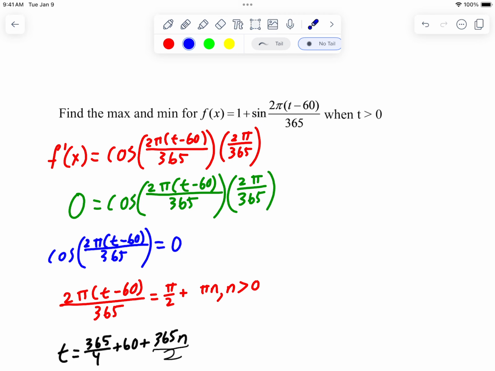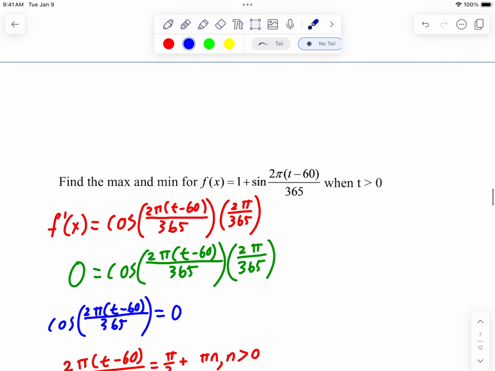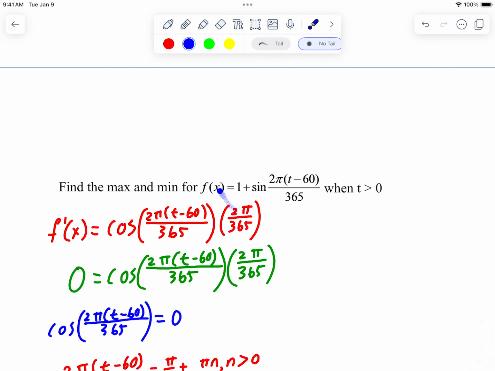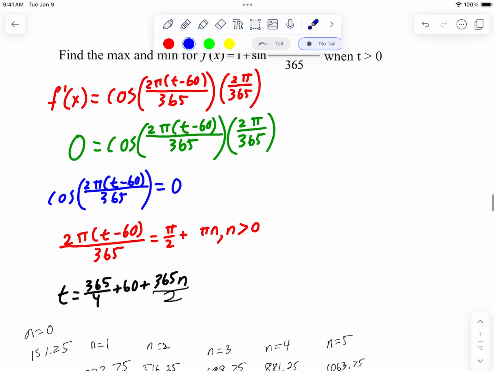So those are things that can help me make sure that what I'm doing is making sense in terms of maximums and minimums. There's no dampening or anything going on in this function, so it's just going to be a straight sine periodic function. So I know once I find where a maximum is and a minimum, those are going to repeat to be the same maximum and minimum.